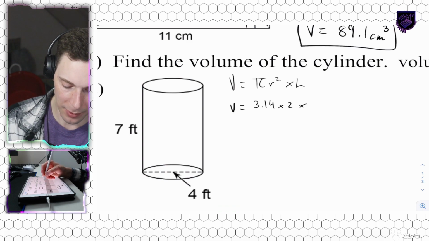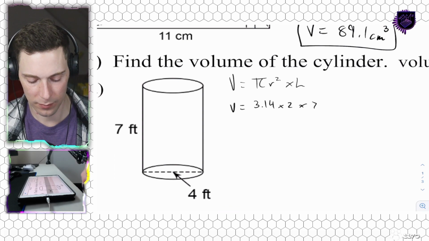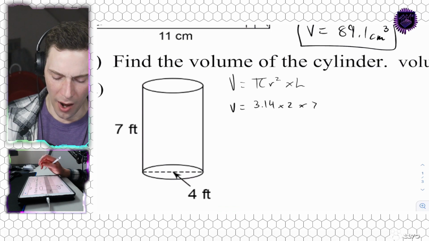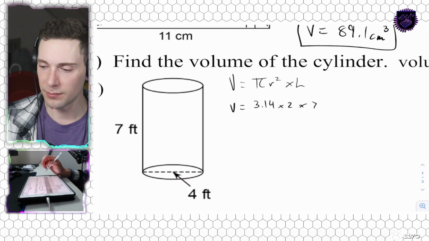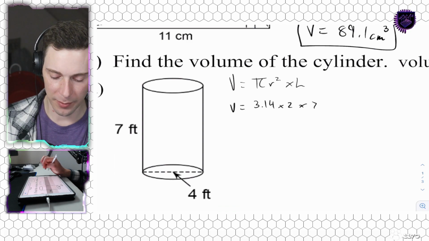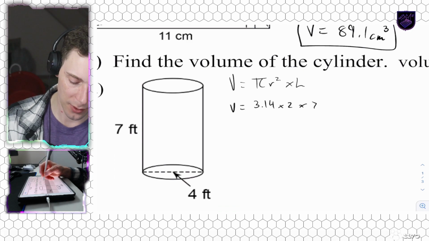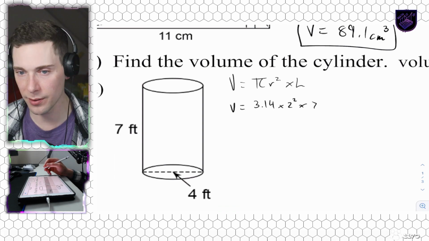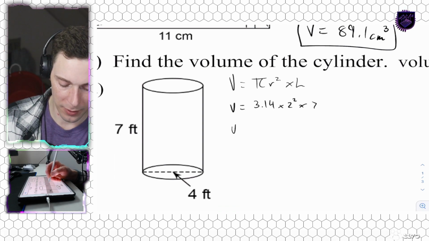And then multiplied that by 7. So pi times 2 times 7. Excuse me, yawning here. Oh, sorry. Pi times 2 squared. Pi times r squared times 7. That's really important.